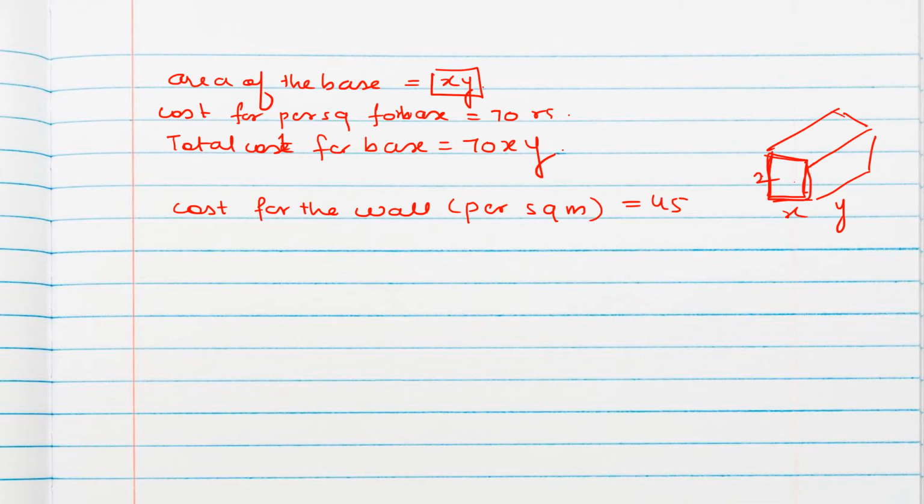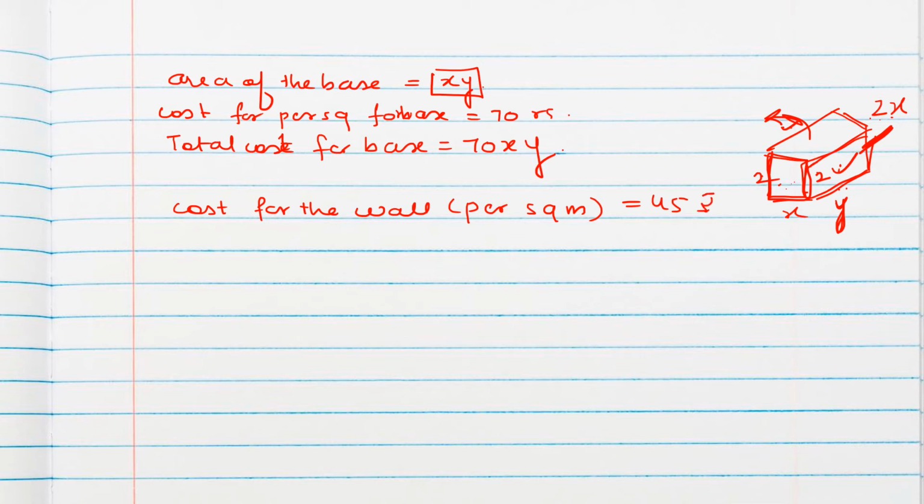The same wall, opposite and parallel, will be like this one with area 2x. So 2x plus 2x. And one wall with dimensions y and 2: 2 into y. The same wall will be on this side. So in total 4 walls will be there, in which these two parallel walls will be equal, and these two parallel walls will be equal. So we can write, it is given 45 rupees for the cost of the wall.